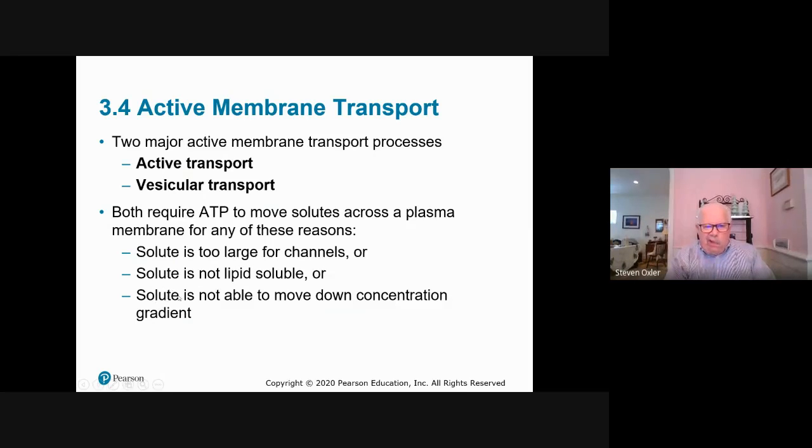The solute is not able to move down a concentration gradient. Remember, the concentration gradient is from a higher level to a lower level. This is passive transport. If it's not able to move down the gradient, you need ATP. So you need ATP for all three of these.